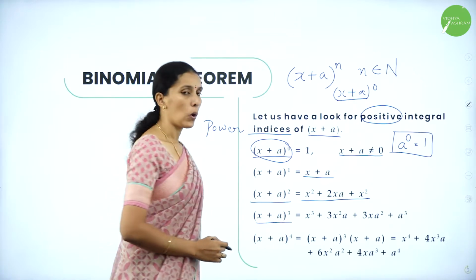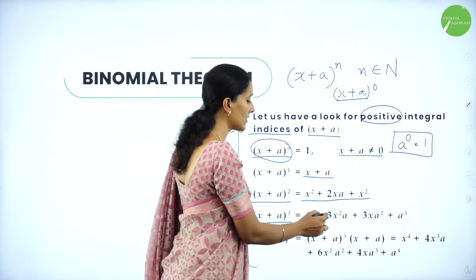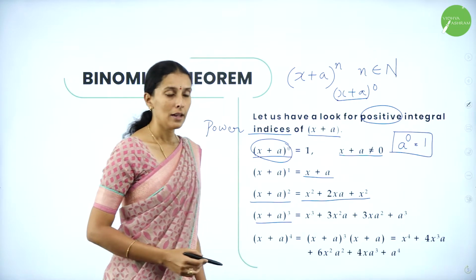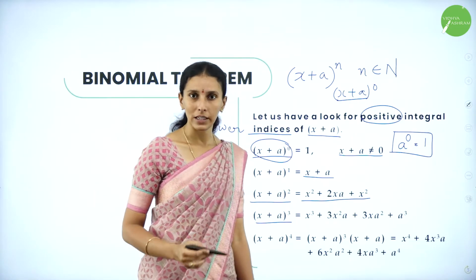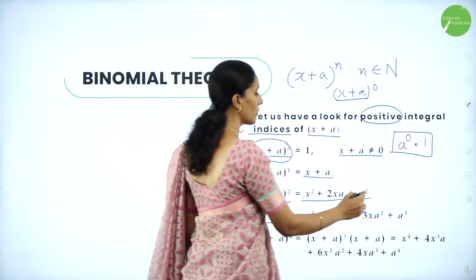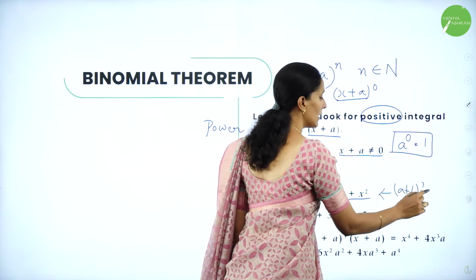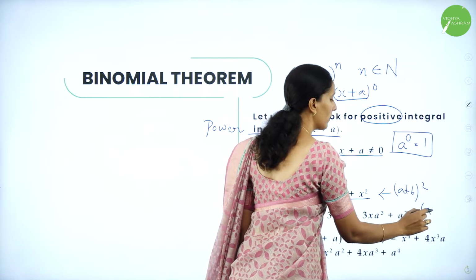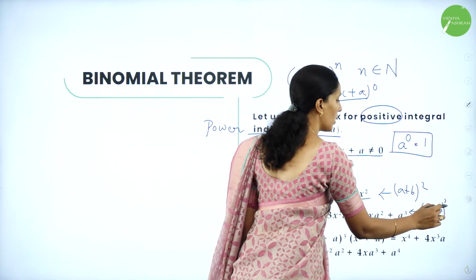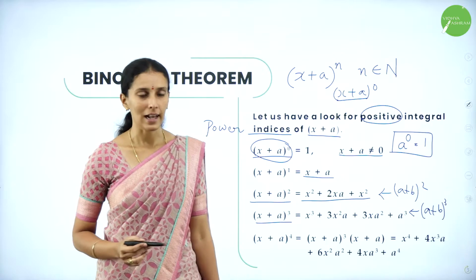Similarly, x plus a whole cube you have x cube plus 3x square a plus 3xa square plus a cube. Here you can use the formula of a plus b whole cube, which you have learnt in your secondary classes.